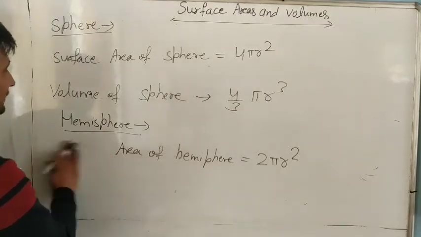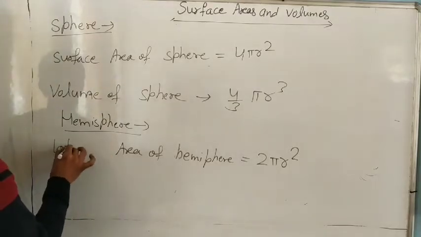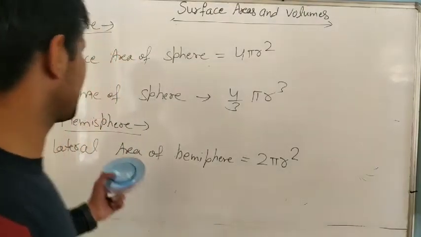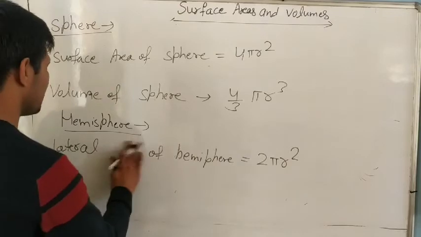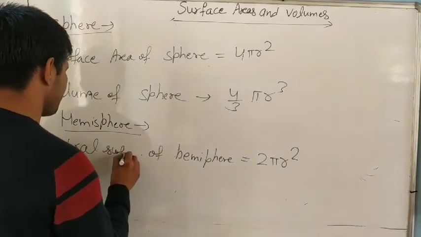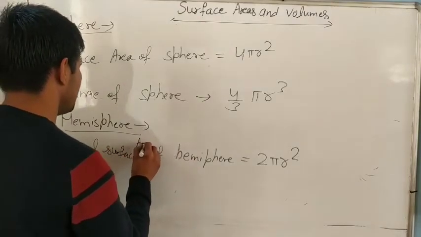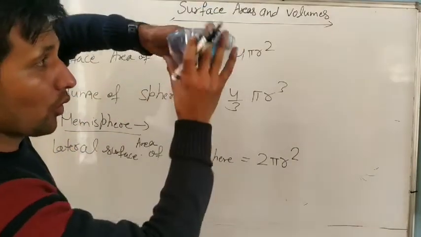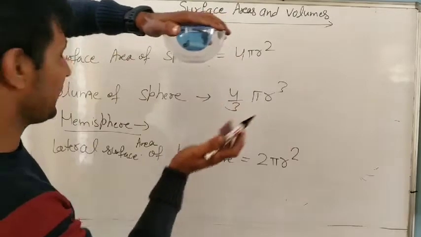Not, it is lateral surface. Okay, sorry, it is lateral. But in a hemisphere, lateral and total are different. Lateral surface area of a hemisphere. I say lateral means only outside. Okay, so only outside how much? 2 pi r square.